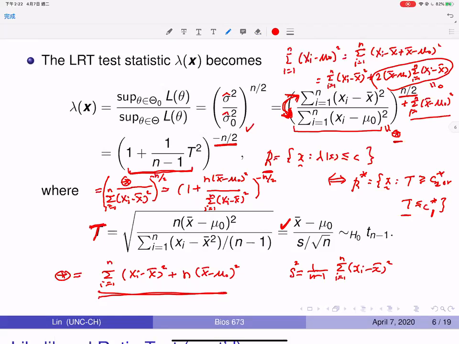I purposely create a t statistic and then use that, going back to this, plugging right here. It's going to give me 1 over n minus 1, then t squared. You can double check on it. You will see that.